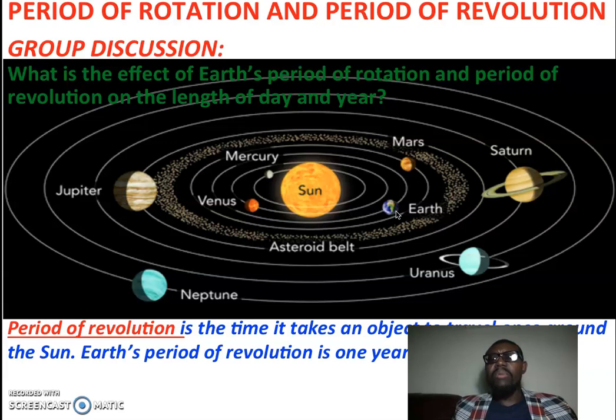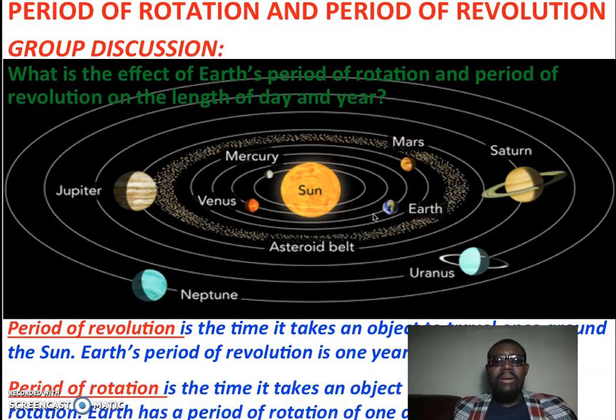And when we talk about period of rotation, it simply means how much time it takes the Earth to complete one rotation. Rotation is the spinning of Earth on its axis. The Earth spins on its axis whilst it also revolves around the sun.